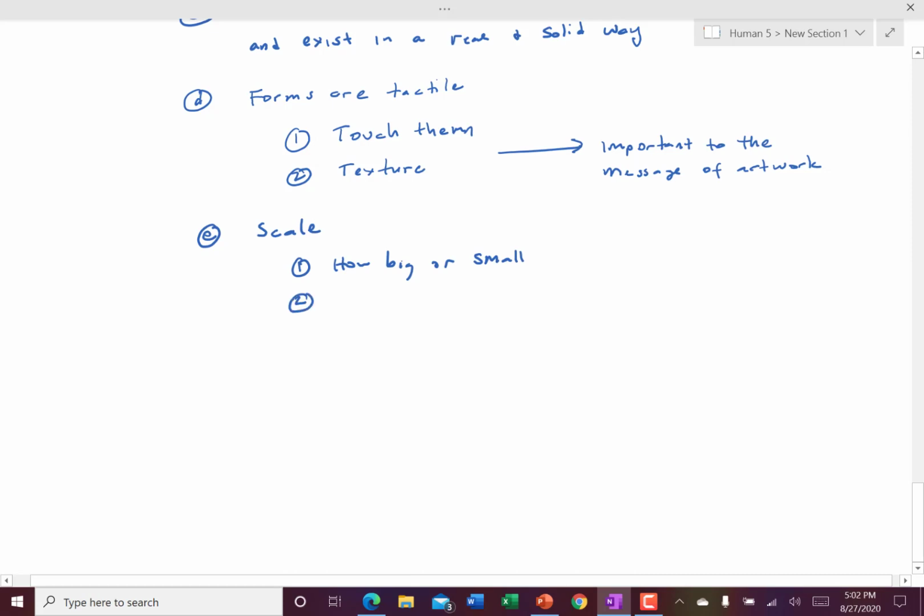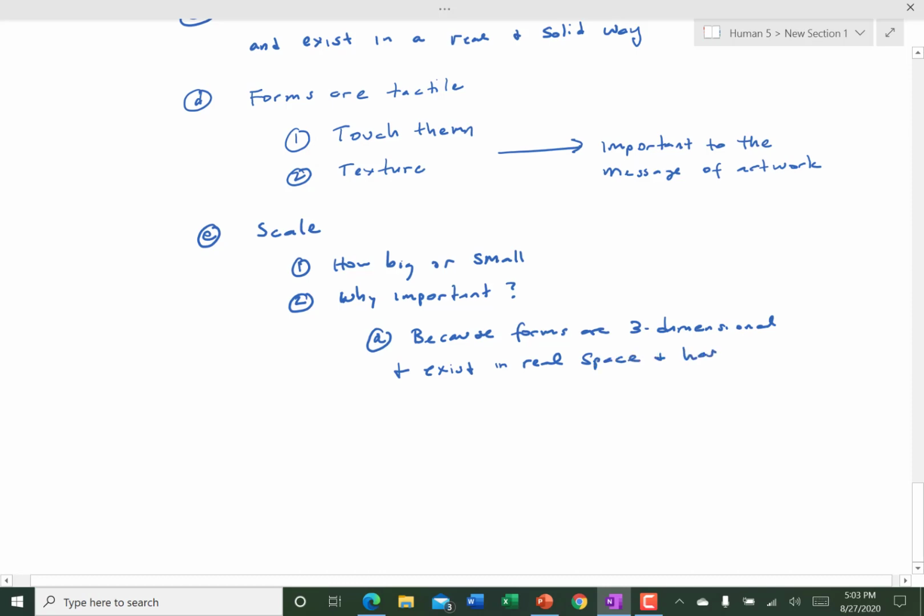And the reason that this is important, so we'll say why it's important, is because forms are three-dimensional, because forms exist in actual space, in real space, right, and have that physical component.